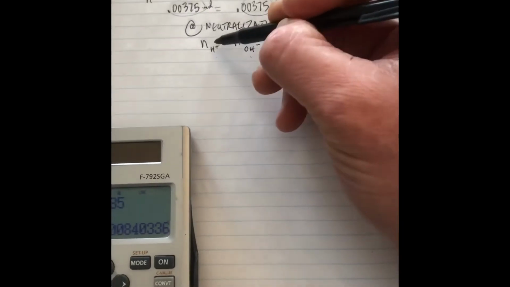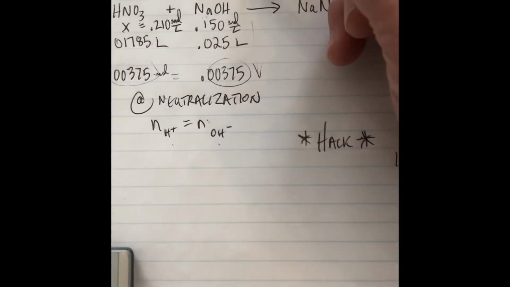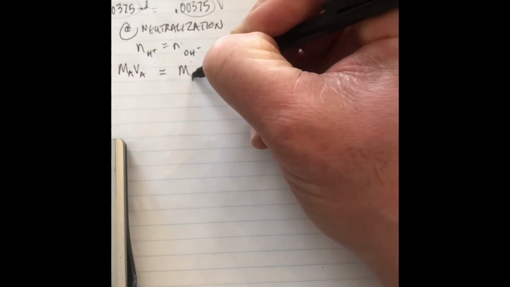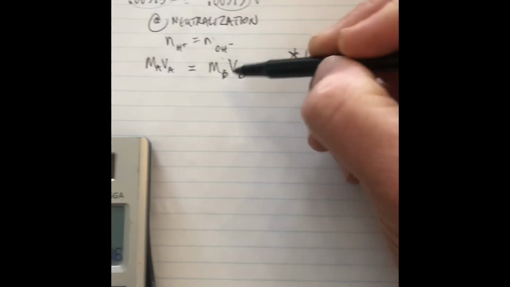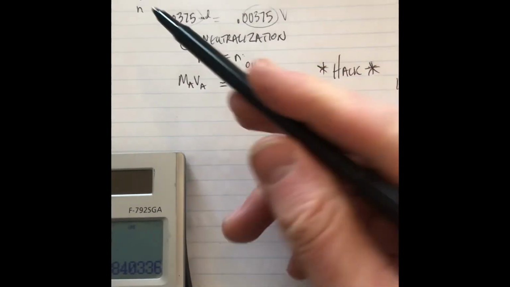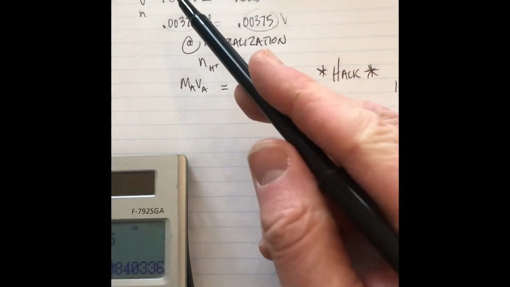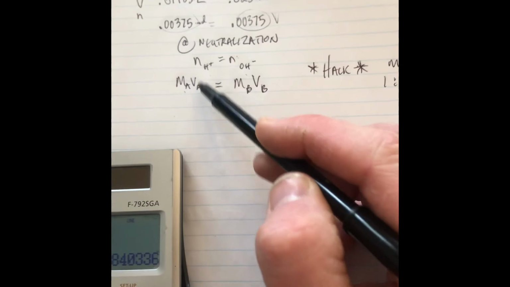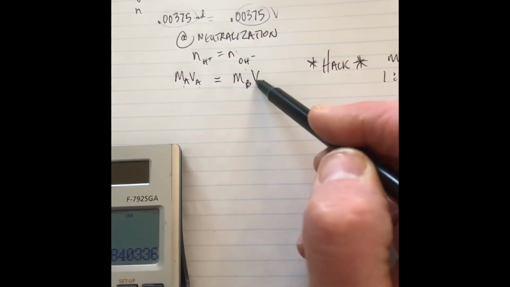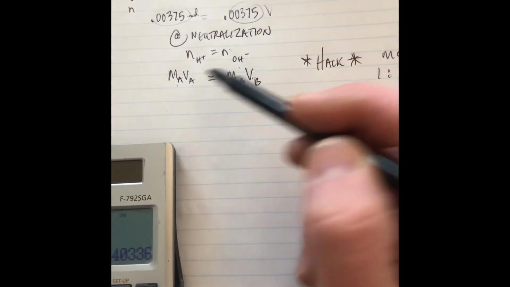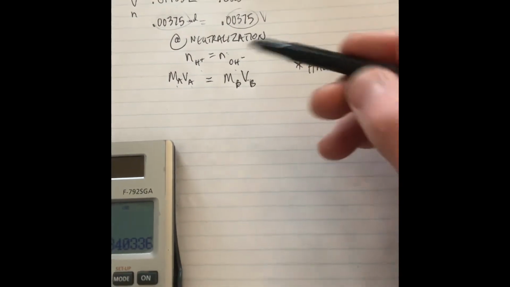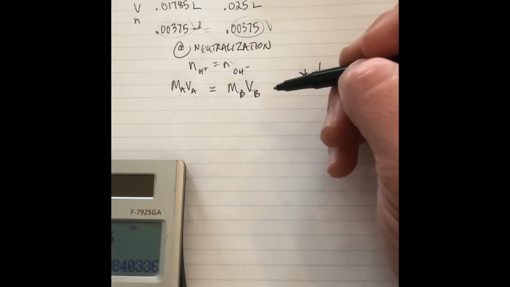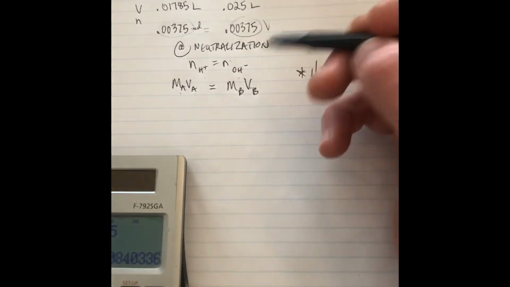If you wanted moles, remember, going back up to this equation, it's molarity times volume. So if you take the molarity of your acid times the volume of your acid and set that equal to the molarity of the base times the volume of the base, you can actually solve for whatever you wanted. In this case, we wanted the molarity of the acid. So we had the volume of the acid, we had the volume of the base, and we had the molarity of the base. If we plug those three things into this equation right off the hop, we'll end up solving for the molarity of the acid.